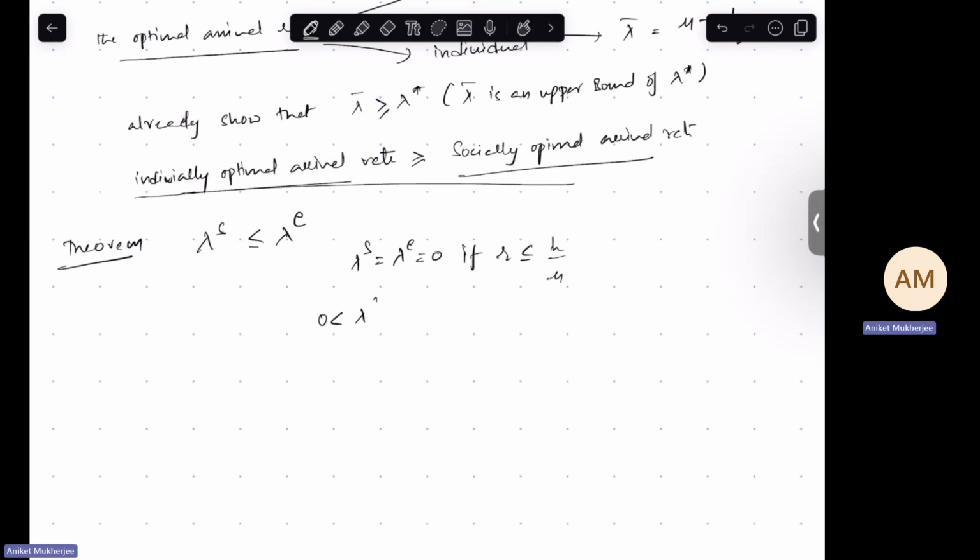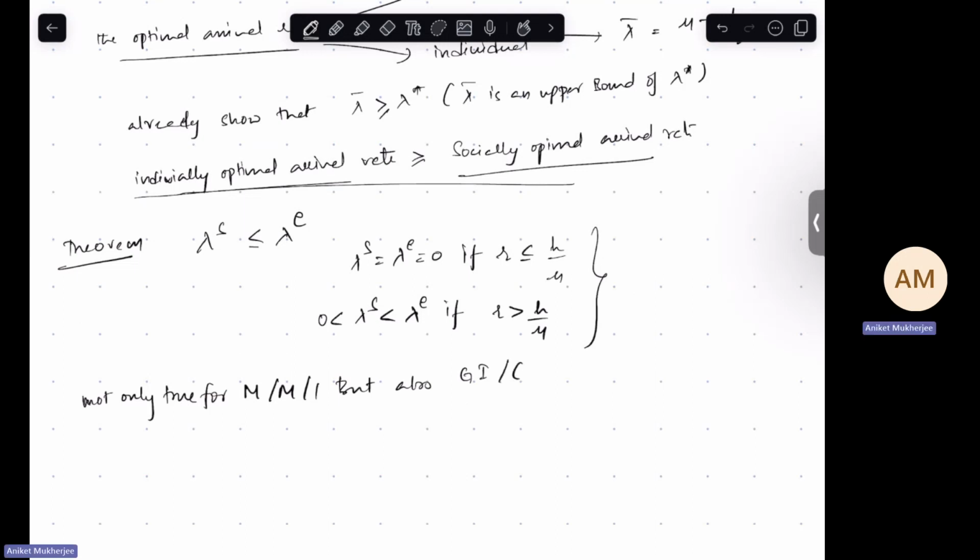0 is less than lambda s is less than lambda e if r is greater than h by mu. And while deriving these three, we didn't use the fact of MM1 system anywhere. Not only true for MM1, but also GI1 queues it is true.